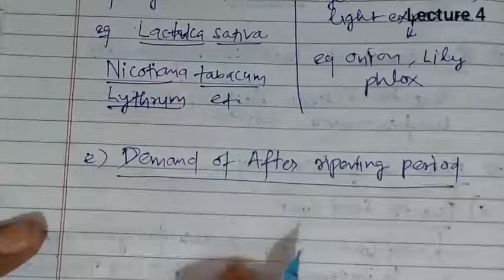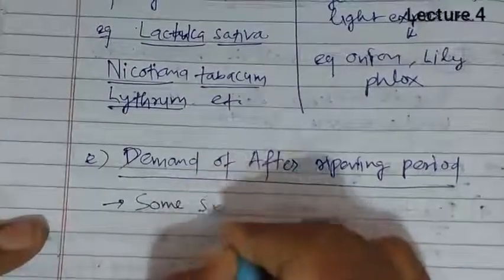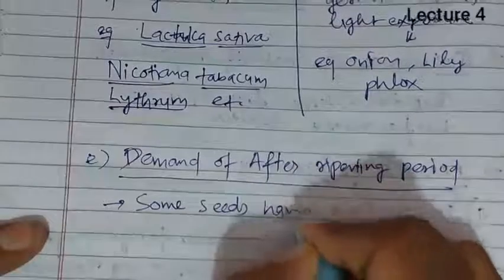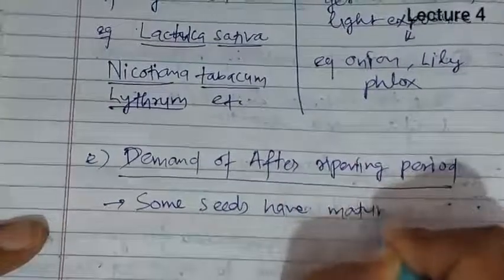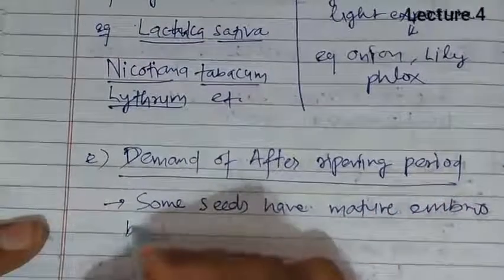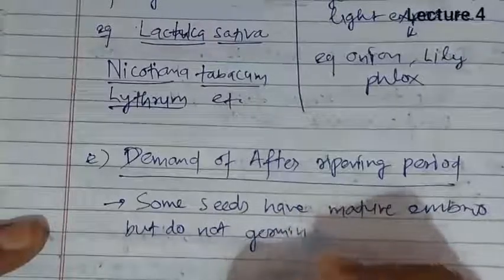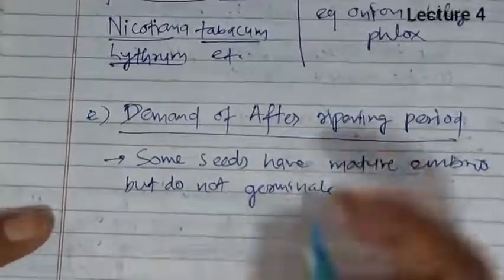Some seeds have a mature embryo but do not germinate due to absence of growth hormone.